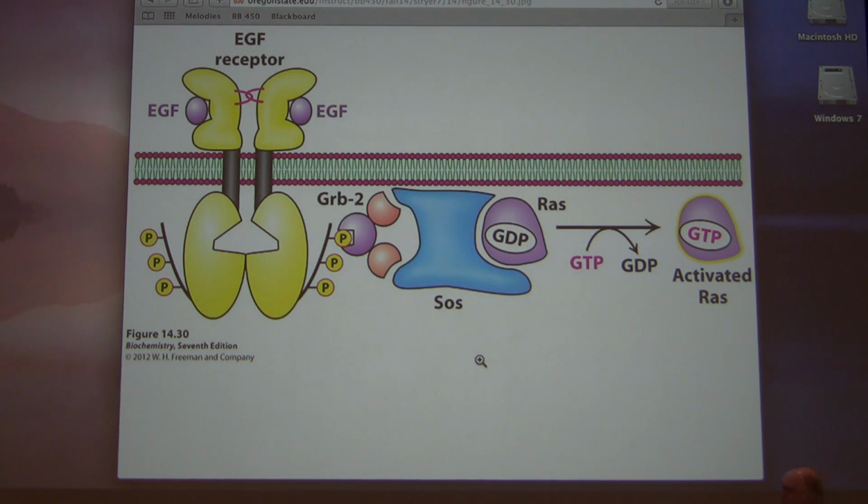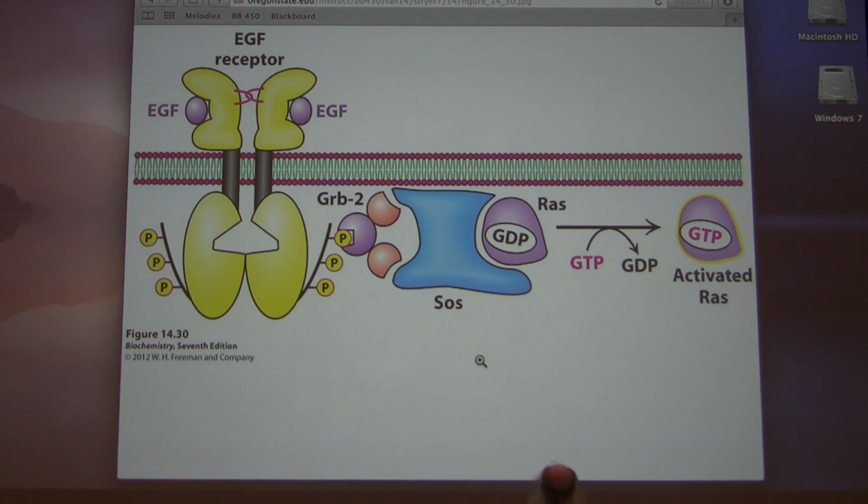Well, you're going to like this mechanism because the dimerization of this receptor causes a series of events to happen very much like what happened with the insulin receptor. The EGF receptor is also a tyrosine kinase. The tyrosine kinases phosphorylate each other, causing each one to become more active.